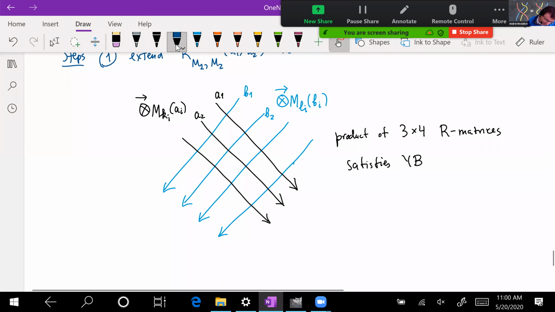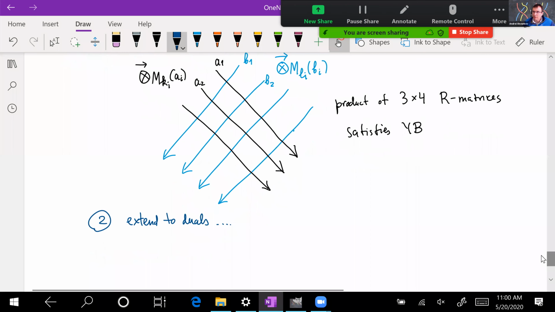Second, we define extend to duals. This is done explicitly in Reshetikhin. There's a unique way; you have inverses and transposes. We're not so interested. I forgot to say, if you have a Hopf algebra and the antipode exists, it's unique.